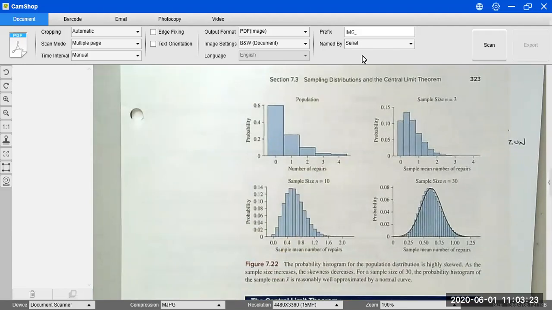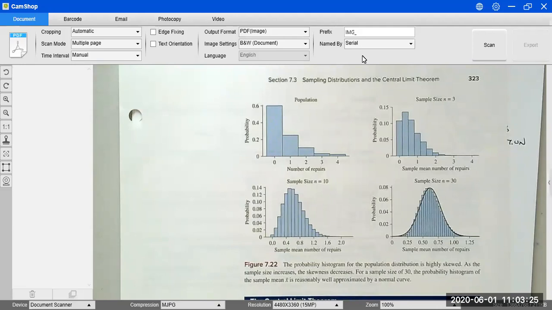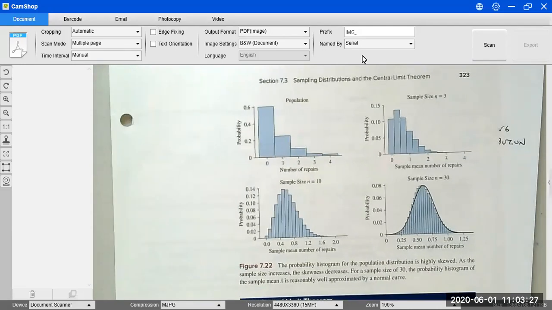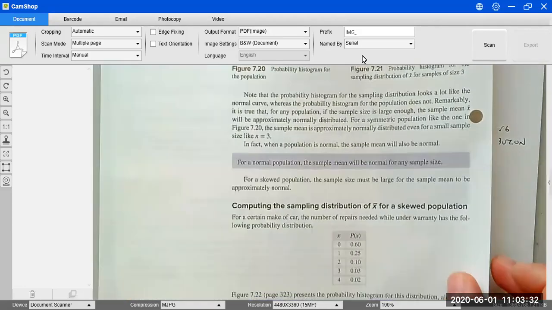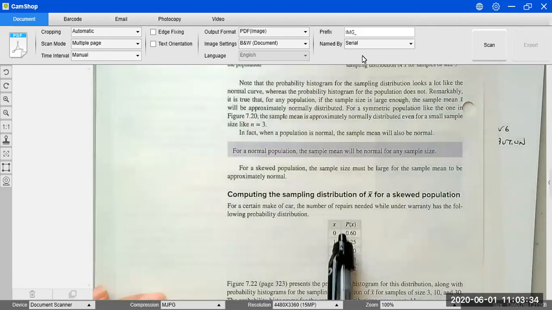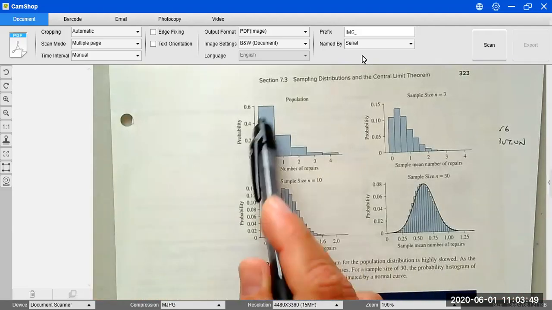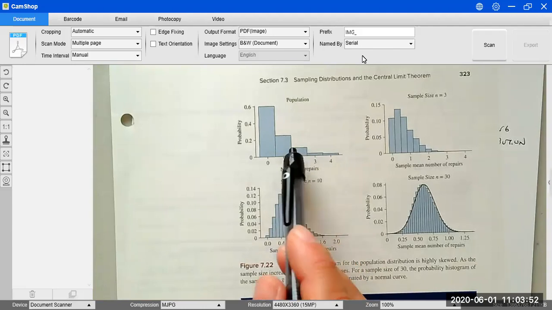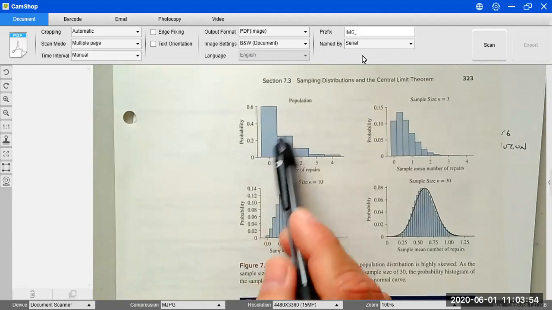We can look at the original probability distribution here on page 322. This is the probability distribution, just for 5 values, 0, 1, 2, 3, 4, and the given probabilities. So this is a discrete probability distribution, and we started collecting samples from it.